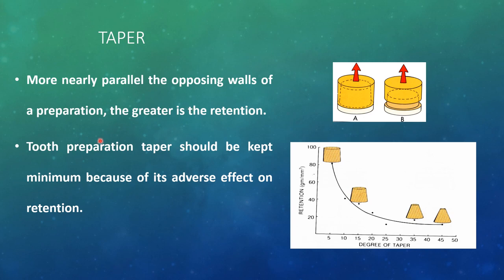Tooth preparation taper should be kept minimum because of its adverse effects on retention. Of course you cannot give a lot of taper, but as advised and as much as required, you should be able to give that.